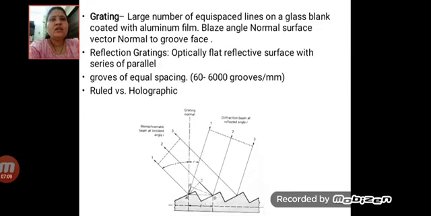Next, the diffracting material is the grating. The dispersing element in the monochromator of most UV visible and IR spectrophotometers is the diffraction grating. It consists of a very large number of equispaced lines, around 200 to 2000 per mm, ruled on a glass blank coated with aluminium. Gratings are now produced by modern holographic techniques.